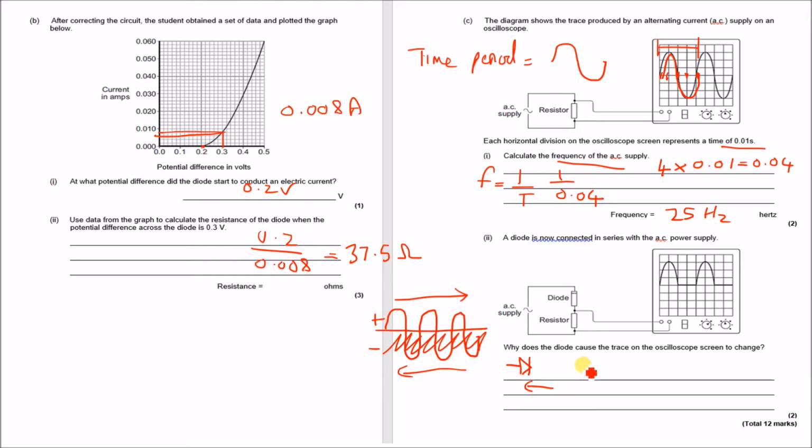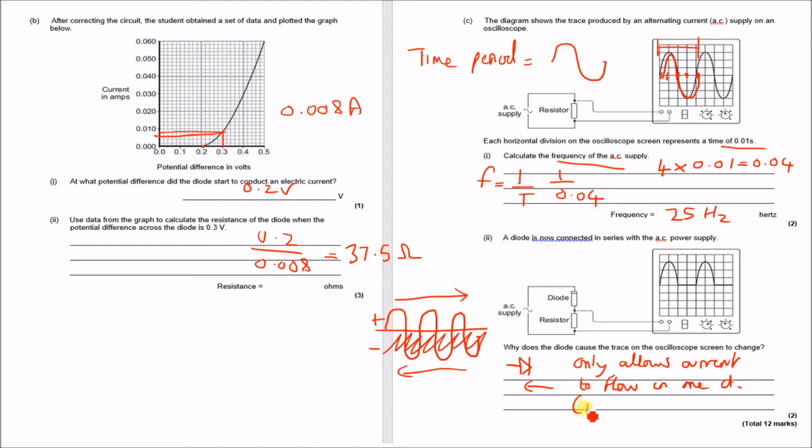Okay, so what's the answer to this question? Well, it only allows current to flow in one direction. I'm going to put D for direction.